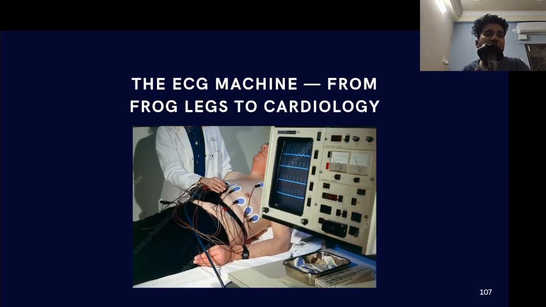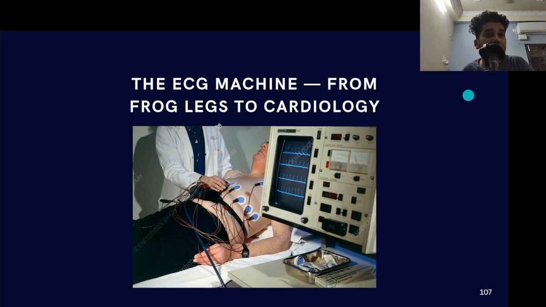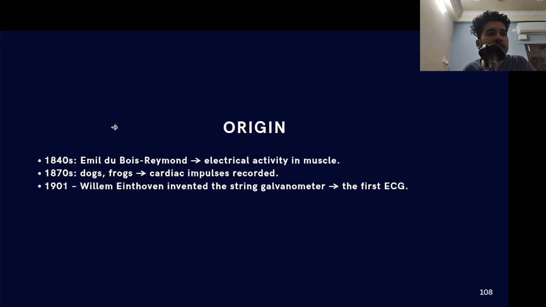Now, talking about the ECG machine, from frog legs to cardiology. The origin of the ECG machine was that in the 1840s, Emil du Bois-Reymond noticed that there was electrical activity in the muscles. In the 1870s, dogs and frogs were said to have cardiac impulses recorded, and in 1901, Willem Einthoven invented the string galvanometer, which was the first ECG.